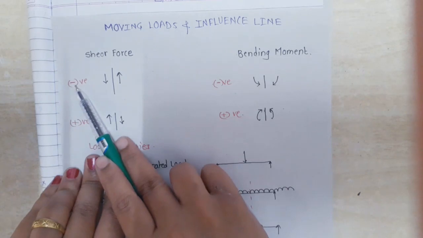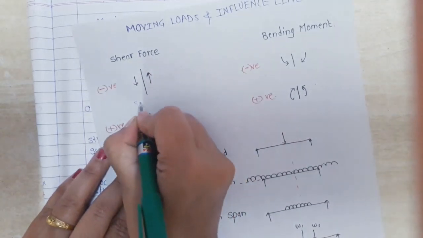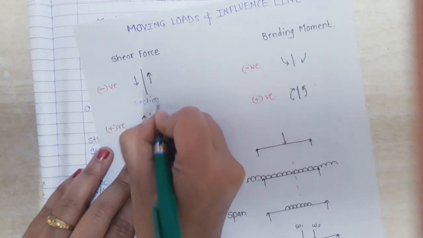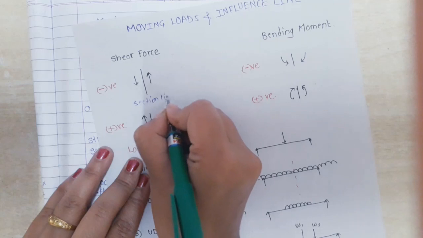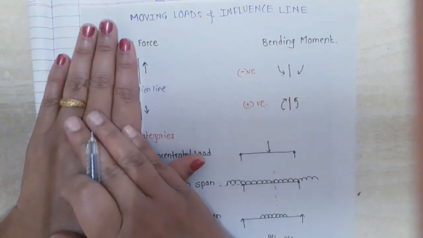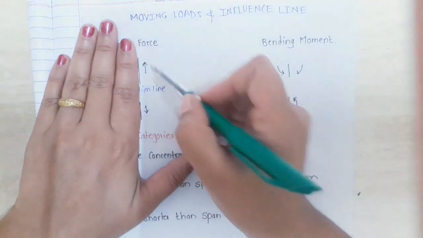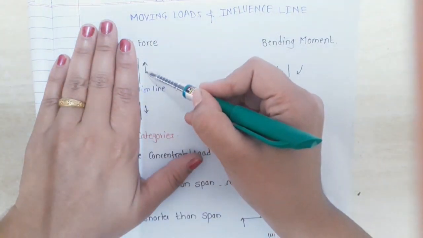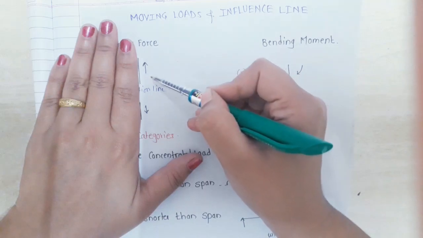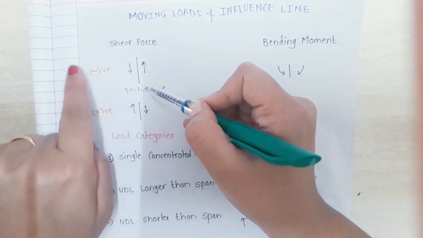When we take force as negative, this is a section line. If this section line acts before or after the load, then what is the direction of that force? If the direction of that force is vertically upward, then we take the negative sign.